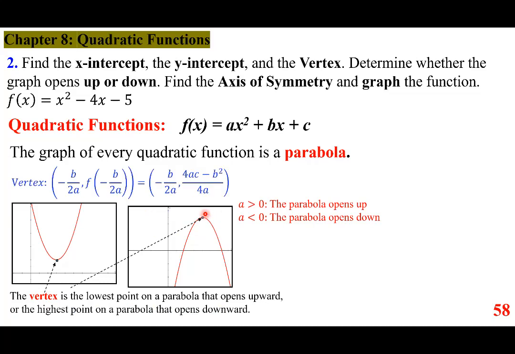In order to find the vertex, x = -b/(2a). All you have to do is find that, plug it into the original function, and find the y, f(-b/(2a)). If you evaluate it, it gives you this formula, (4ac - b^2)/(4a). You don't have to memorize it, just find -b/(2a) and plug it in.